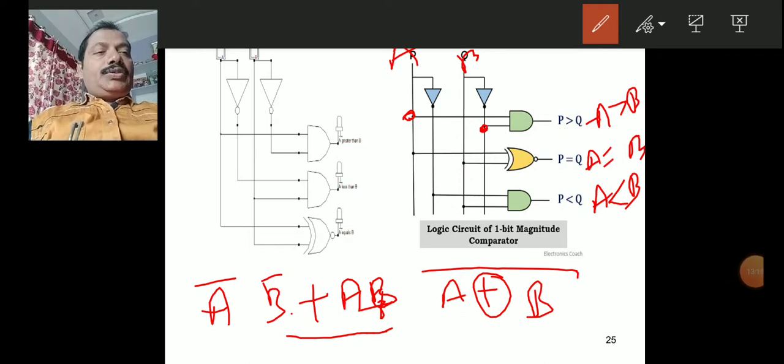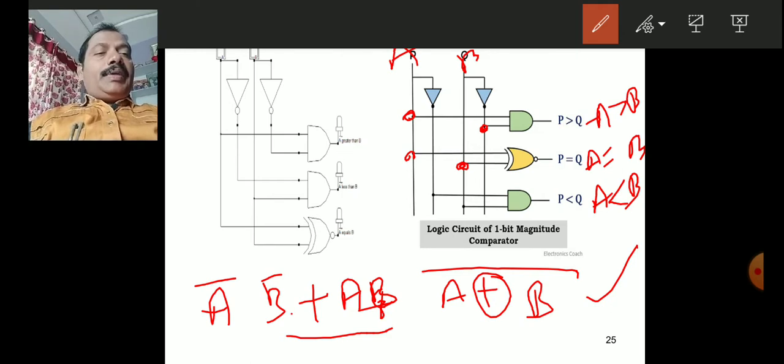So this is the exclusive NOR gate connected to the A B. These both A B are connected to exclusive NOR gate. So this is the exclusive NOR. Now A less than B. A less than B is A bar B. So this is A bar and this is the B. So both are connected.